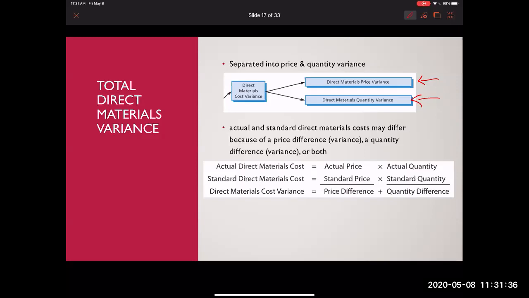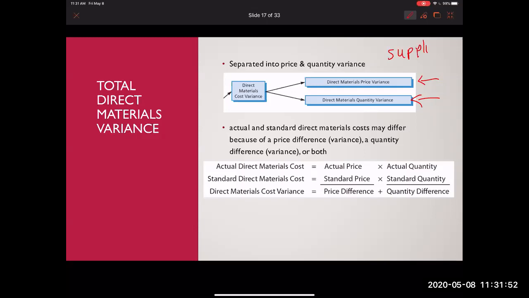Now, the direct material price variance is applicable more so to the purchasing team, right? Because the purchasing team is the one that's in control of buying the materials from the suppliers.